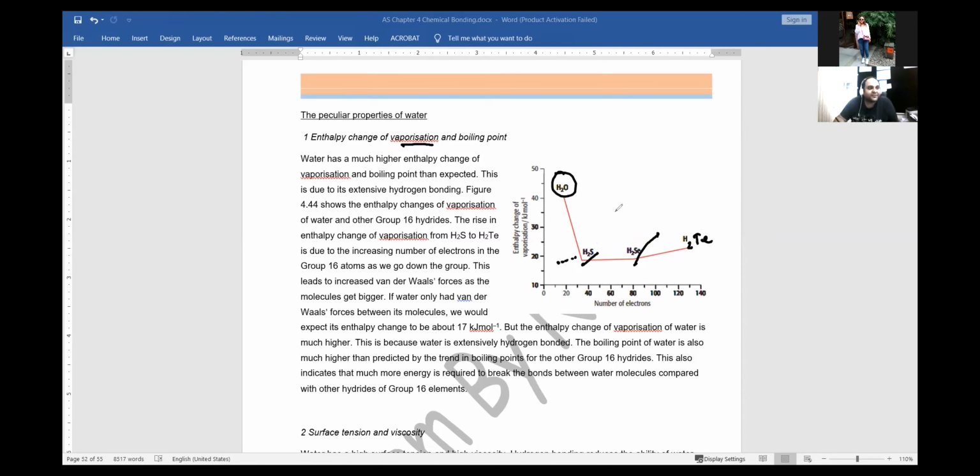Why are they increasing? Van der Waals forces are increasing. But exceptionally, why does water have such a high boiling point? Stronger hydrogen bonding. Well done. Due to hydrogen bonding, water has a very high surface tension and viscosity.